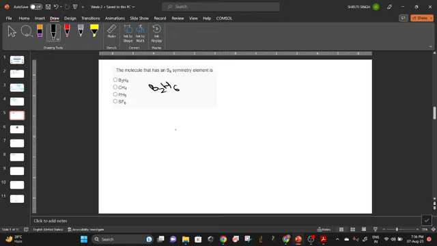How is the structure? Like this, right? Yes, ma'am. Okay. So these are tetrahedral arrangements joined together by bridging hydrogen.